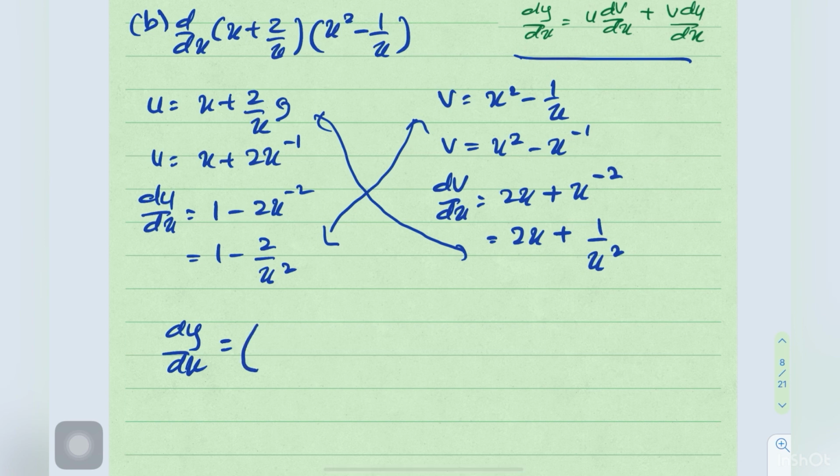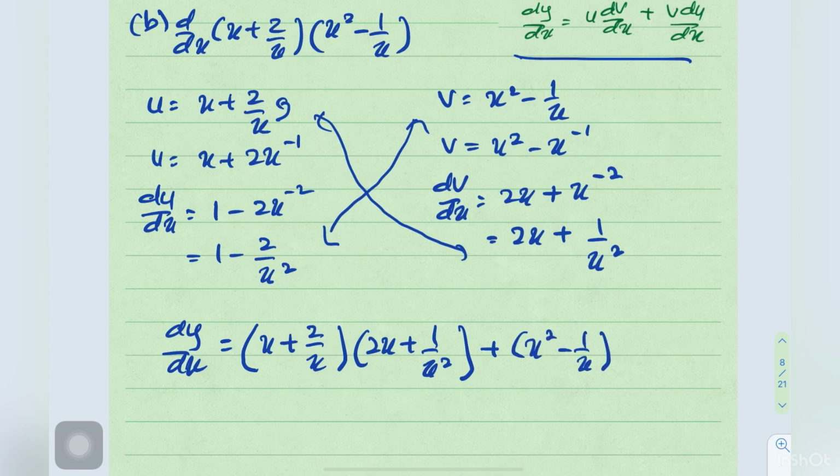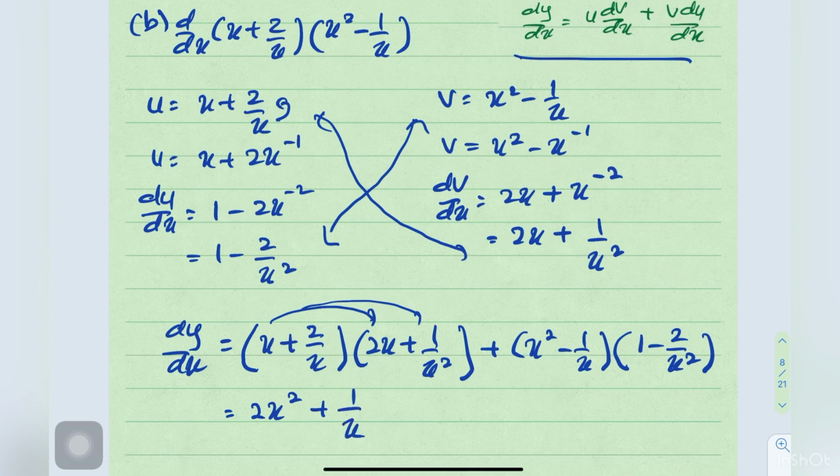So here we have (x plus 2 over x)(2x plus 1 over x squared), plus v, where v is x squared minus 1 over x, du/dx is 1 minus 2 over x squared. Okay, we factorize, we get 2x squared plus 1 over x.